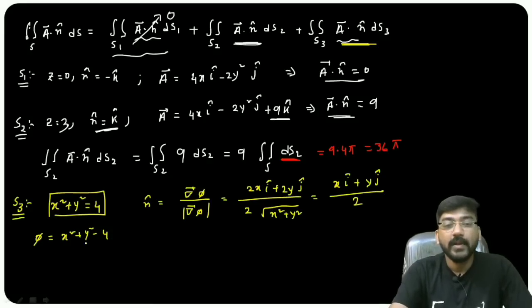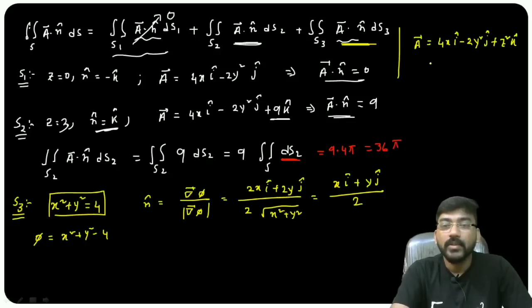Now you can easily find out a dot n cap. So let me write a. Okay, so a is nothing but 4x i cap minus 2y square j cap plus z square k cap. Now if you take the dot product of this and n cap, where n cap is x i plus y j divided by 2, so what will be a dot n?